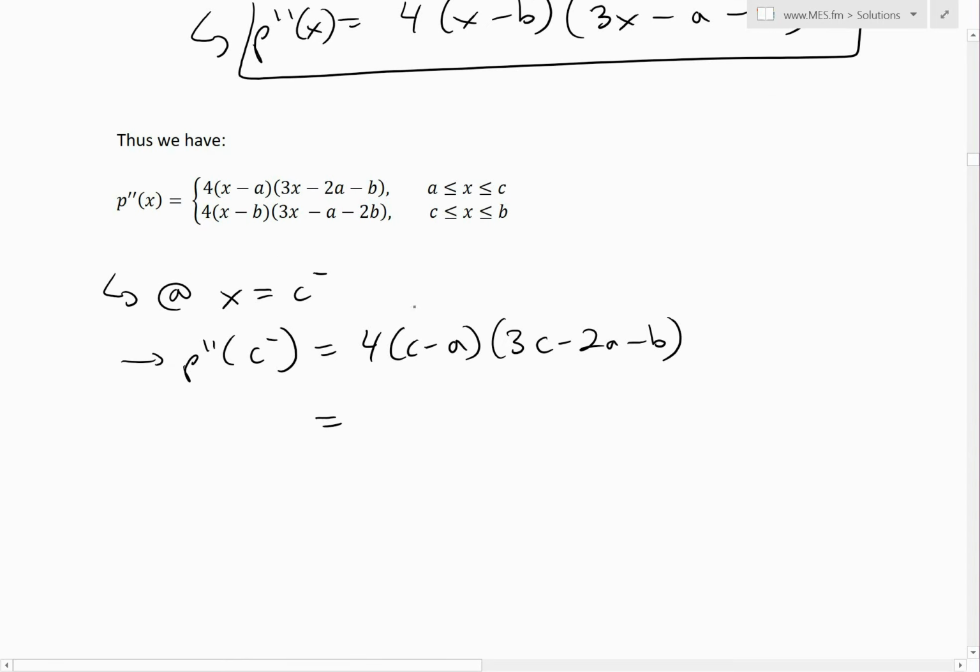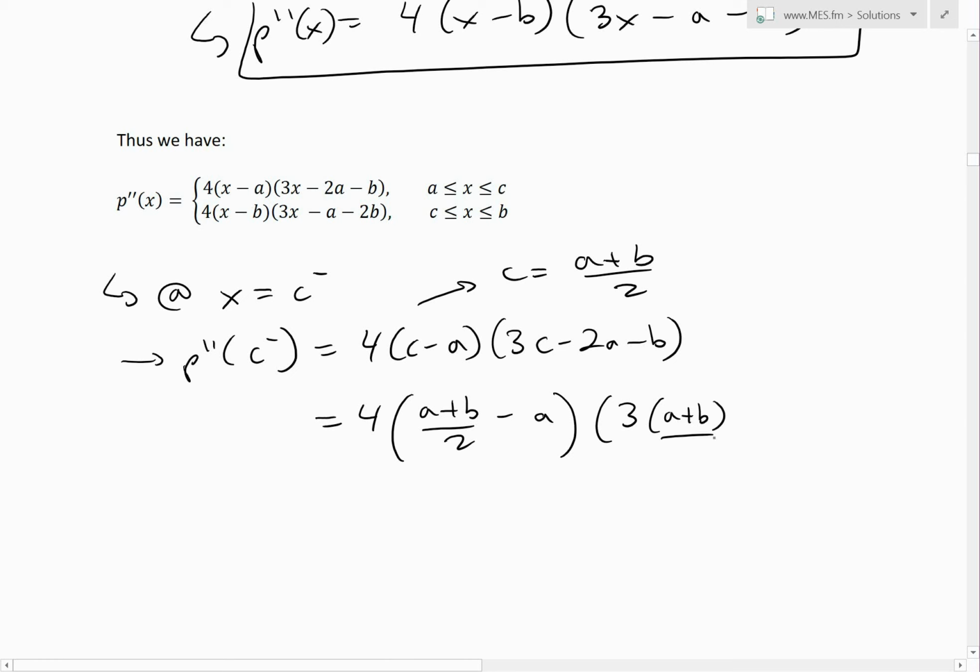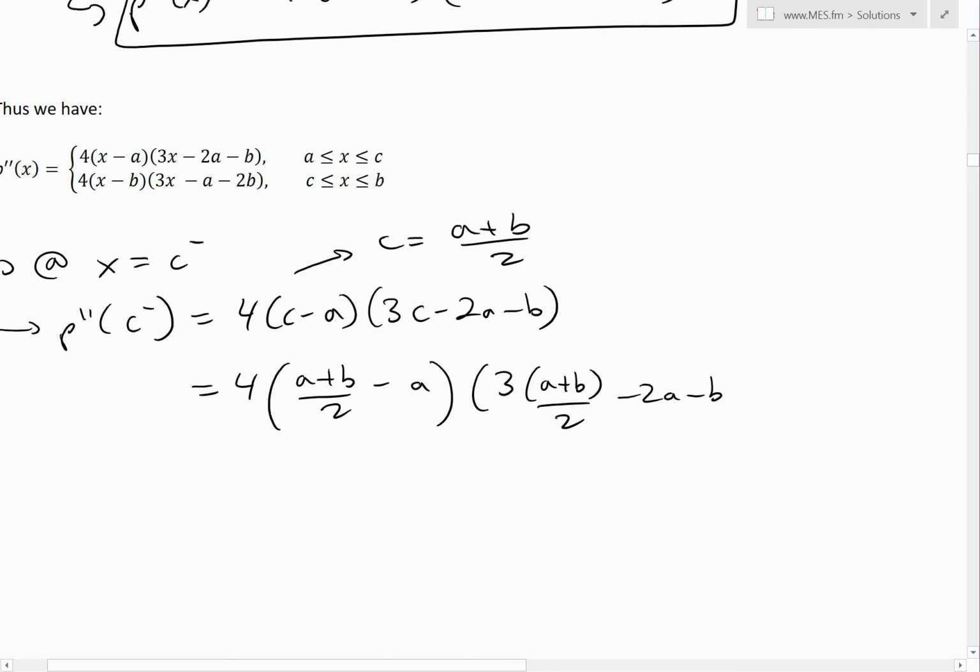And again, recall that c equals a plus b over 2. So putting that in, we get a plus b over 2 minus a, that's this part, and then 3 times a plus b over 2 minus 2a minus b right here.